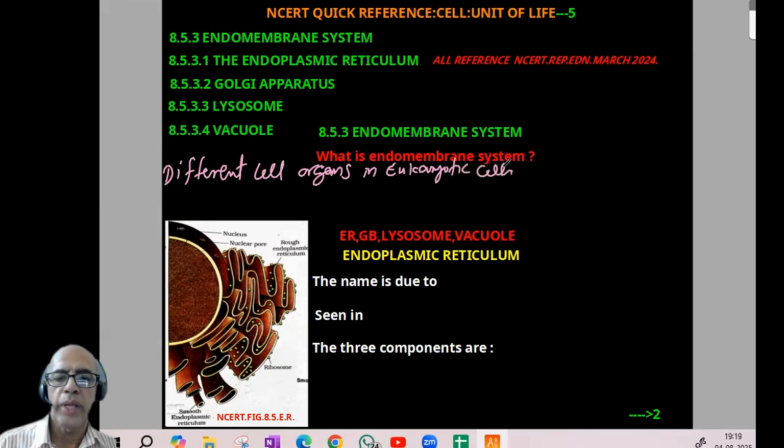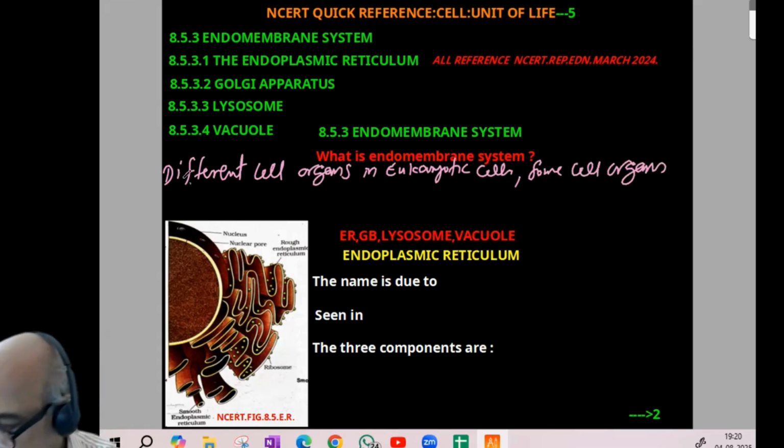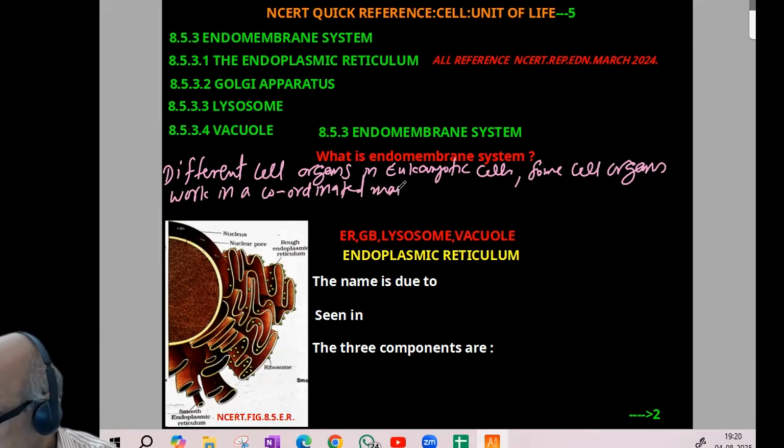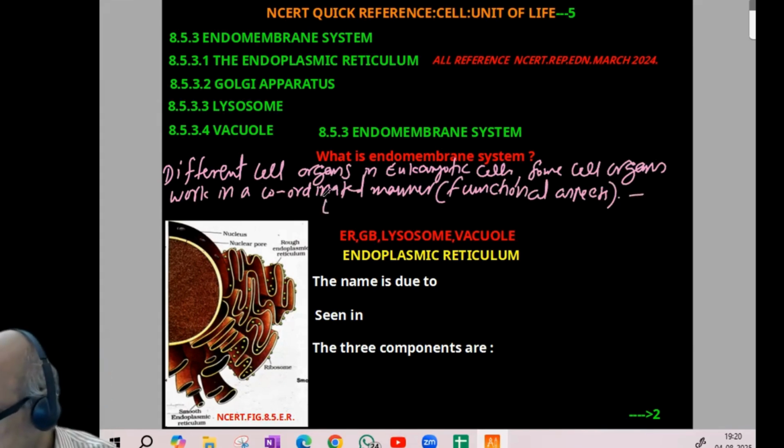Among these, some cell organelles work in a coordinated manner, in functional aspects, and they constitute what is meant by endomembrane system.